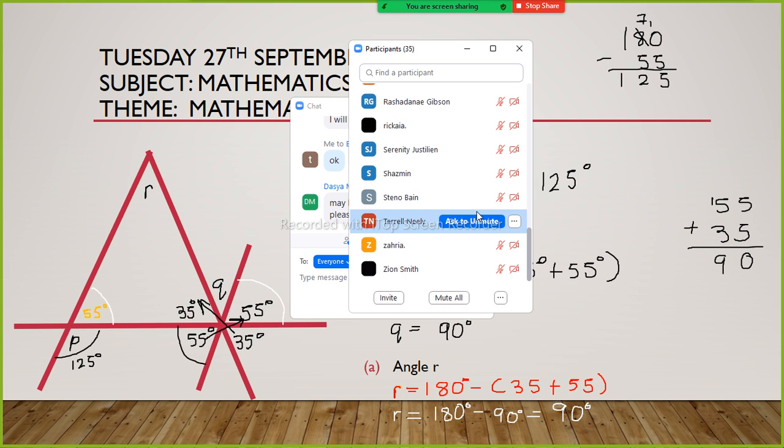Any questions? Jadon Goodman, any questions for me? No, I don't have any questions. Okay. Serenity, any questions from you? Serenity, not hearing from Serenity. Zaria, we good?